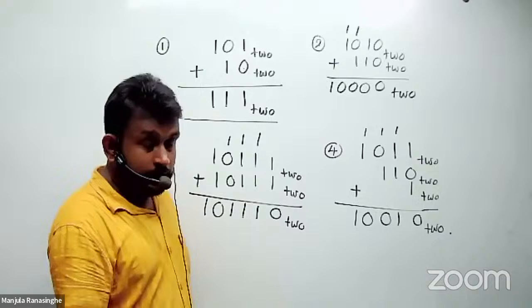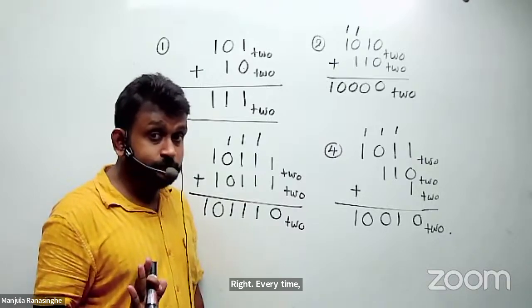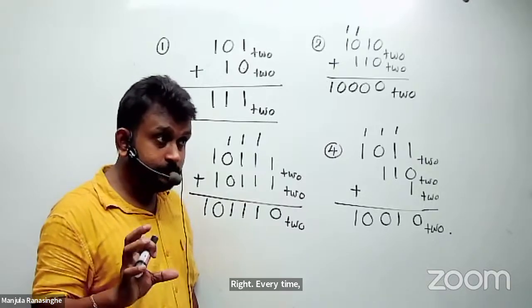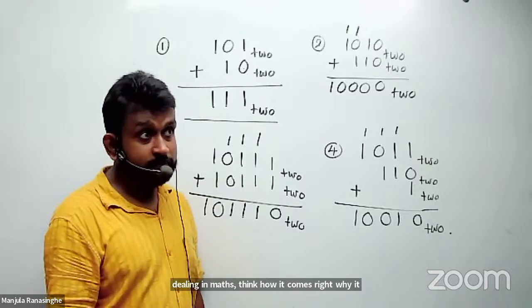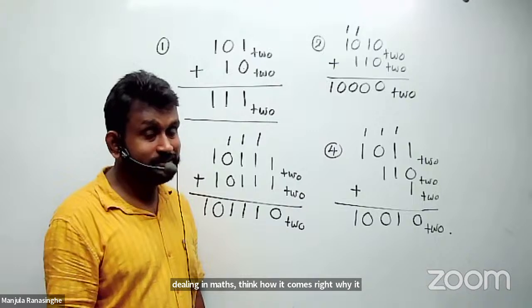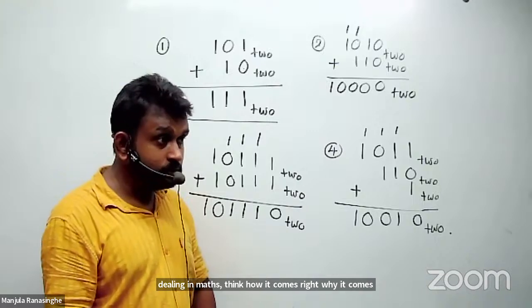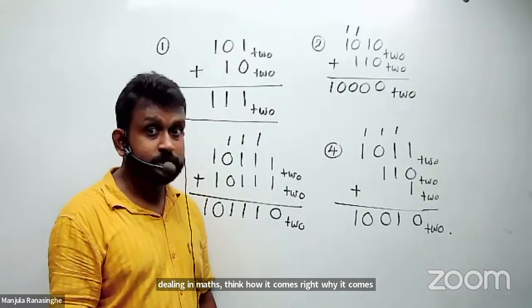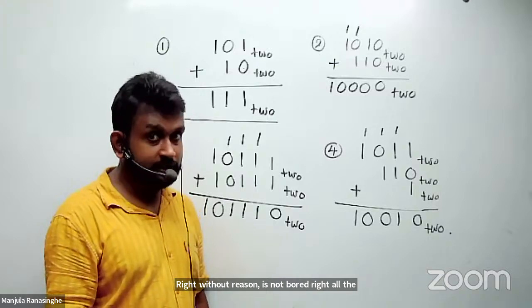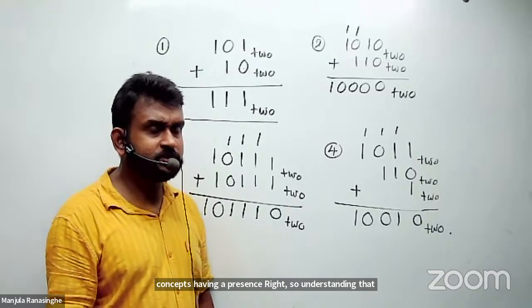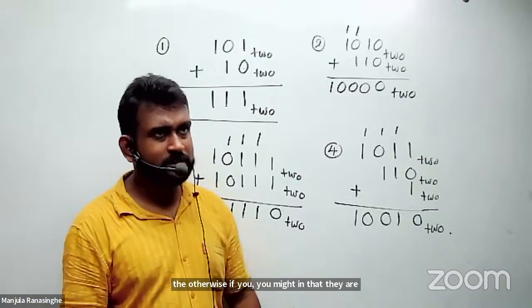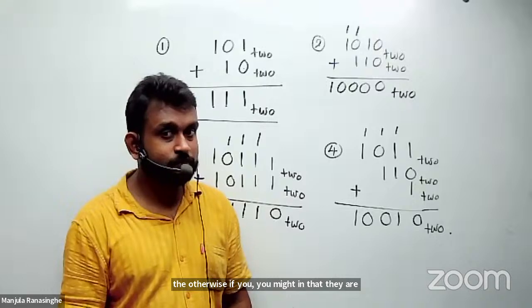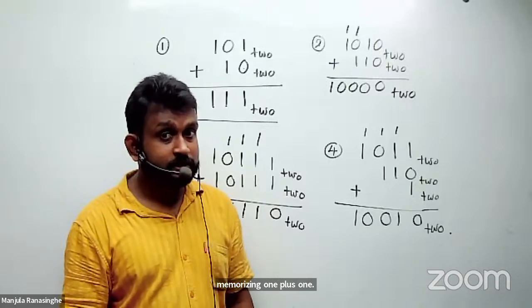Every time, try to remember that when you are dealing with maths, think how it comes and why it comes. Without reason, maths is not born. All the concepts have reasons, so understand in that way. Otherwise, some students I have seen just memorize 1 plus 1 is 10, 1 plus 1 plus 1 is 11.